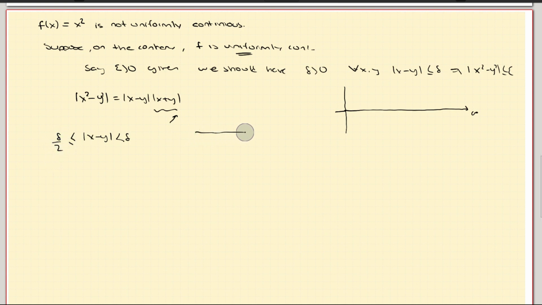We have an interval, and the length of the interval is delta, and for any x and y in this interval, this statement should be true. But we can make the distance between x and y greater than delta over 2, right?